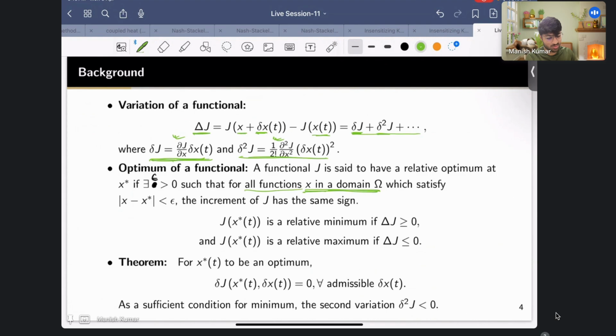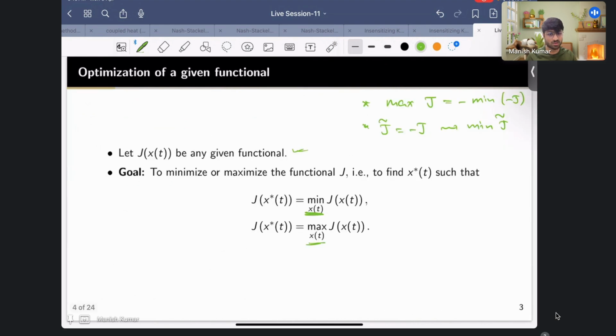Here, for all functions means for all admissible functions. When we are trying to find the minimum of this functional, this x(t) cannot be a random function, it should be on some set. Either you can put a condition like x(t) should be continuous, or differentiable, or x(t) should be bounded between 1 and 2, that kind of constraint you have to put. So over what set you are taking the minimum or maximum, you have to understand what the set will be for this x(t).